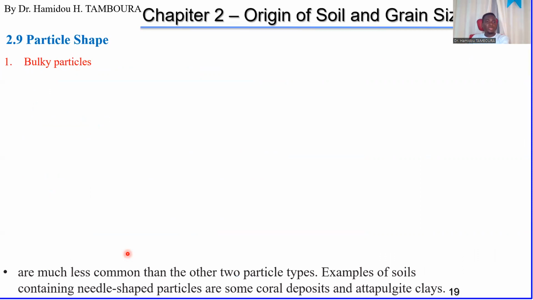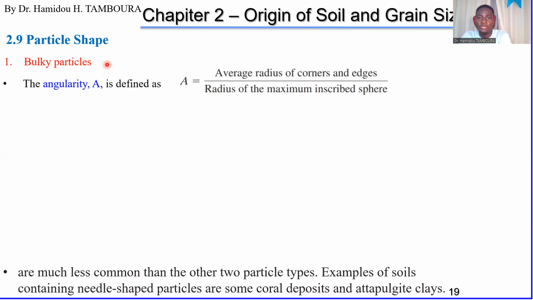Okay, we still talk about this bulky soil particle. We can calculate what we call the angularity of this bulky soil particle, which is defined by the average radius of corners and edges divided by the radius of the maximum inscribed sphere.